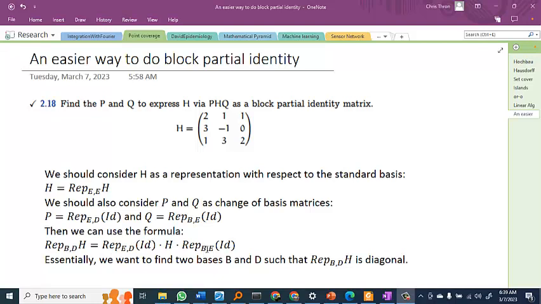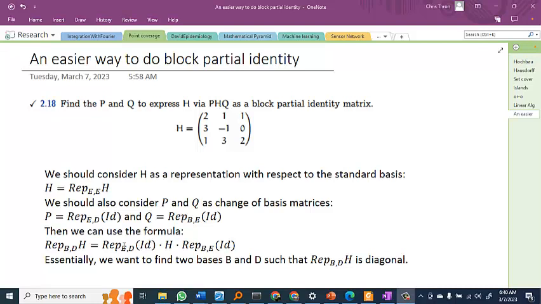You go from basis B to basis E, then you take H, which is in the standard representation from E to E, and then you go from basis E to basis D. Remember, when you multiply column vectors, you multiply on the left, so you read from right to left.